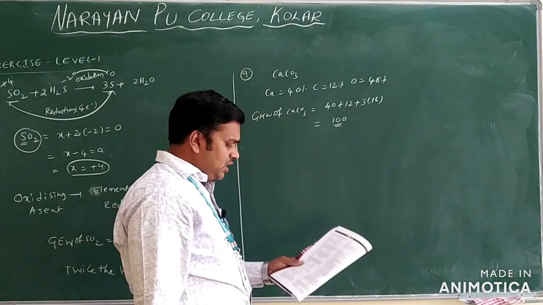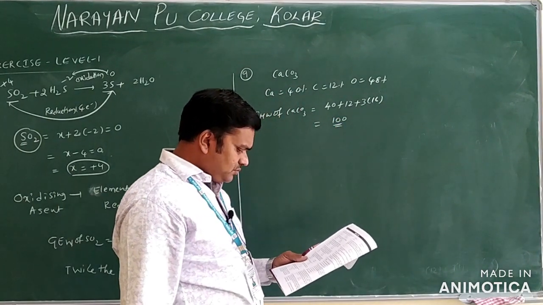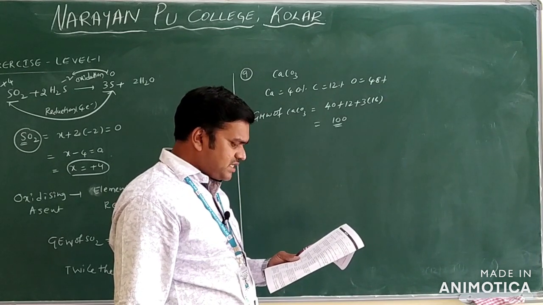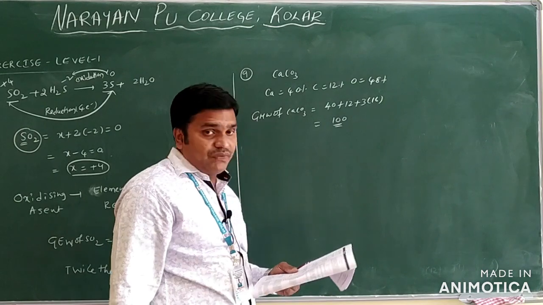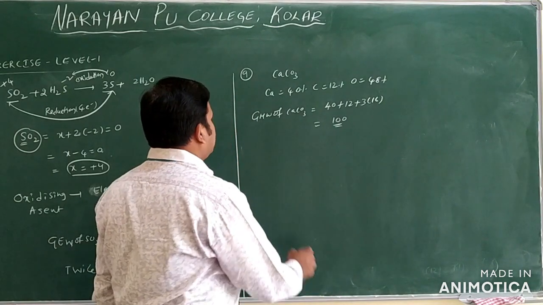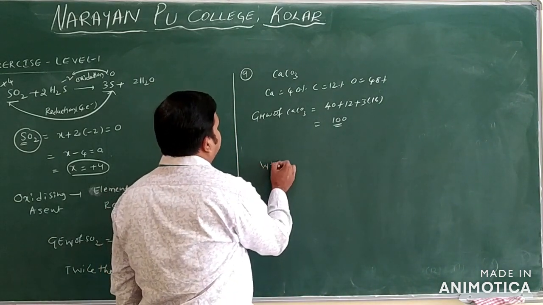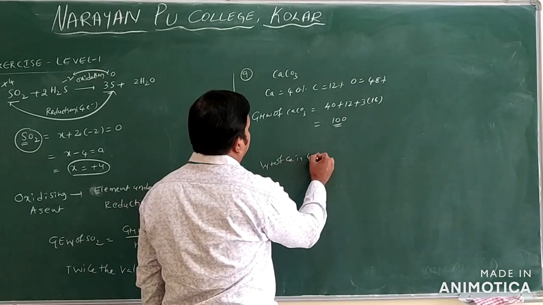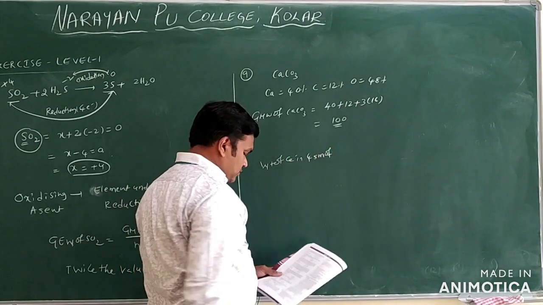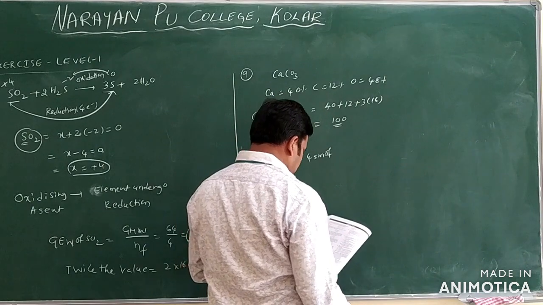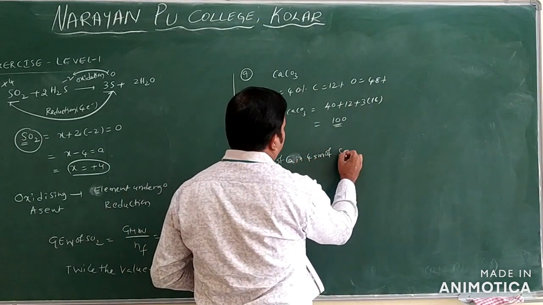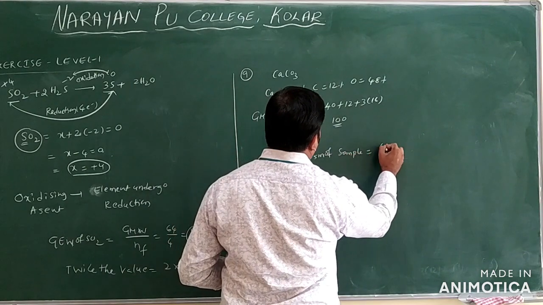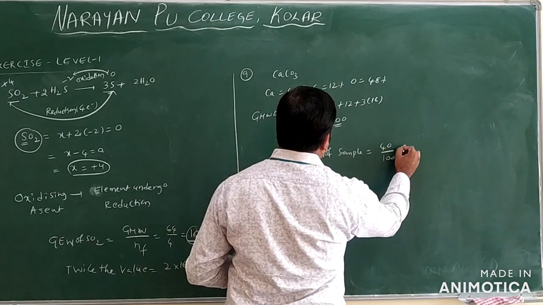You will get 100% only. So what are they asking here? The weight of calcium in 4 grams of the sample of calcium carbonate only. So the weight of calcium in 4 grams of sample is equal to 40 by 100 into 4.